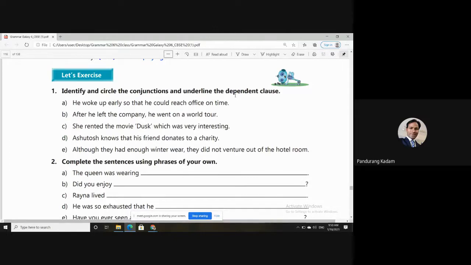He woke up early so that he could reach office on time. Yes, very good. So he woke up early is the main clause, and so that he could reach office on time is the subordinate clause or dependent clause. And here the conjunction is so that. Right? Very good.